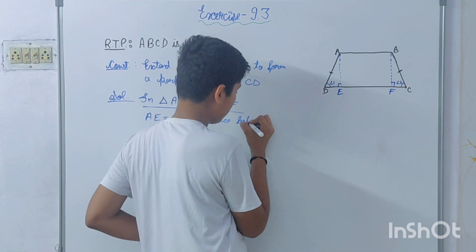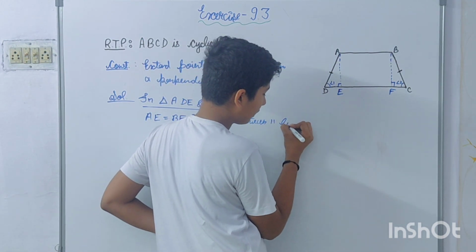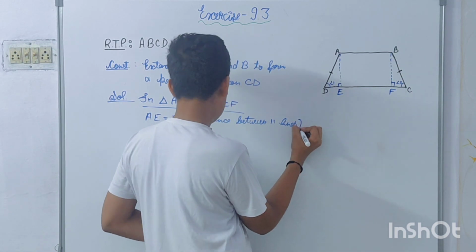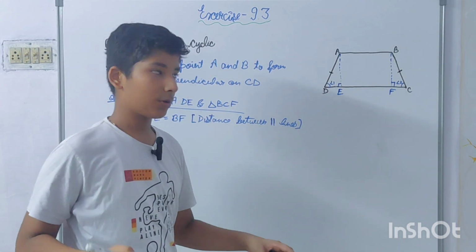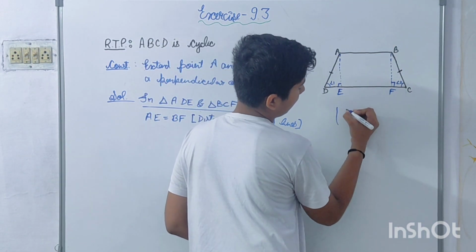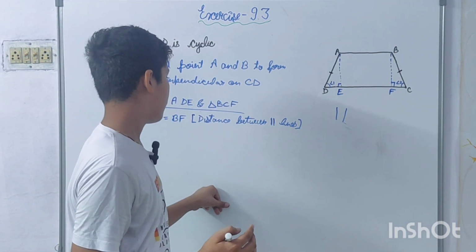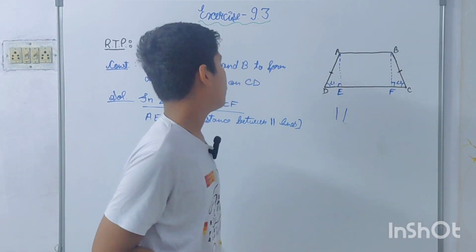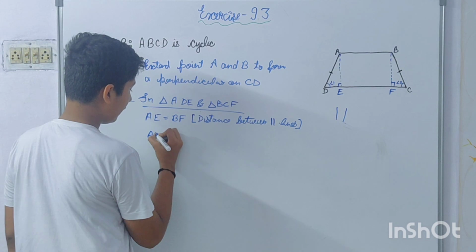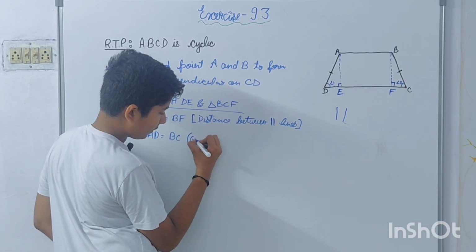See, this is the symbol of parallel: a straight line and again a straight line. So AE equal to BF, and AD equal to BC, given.